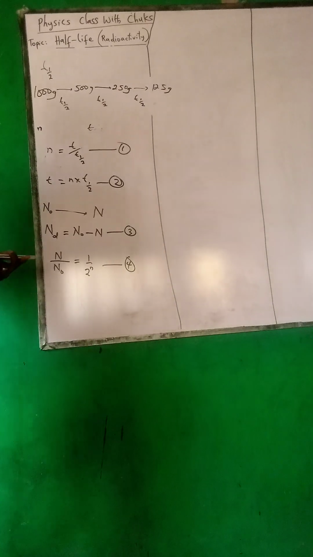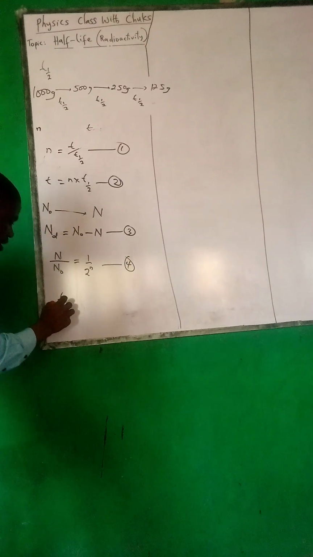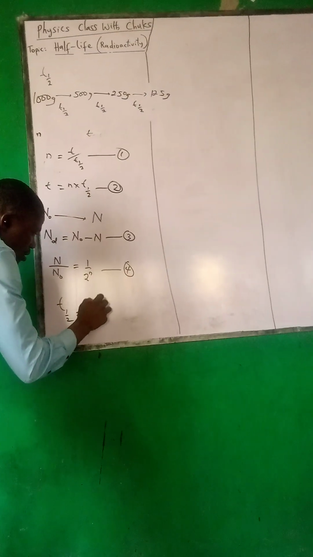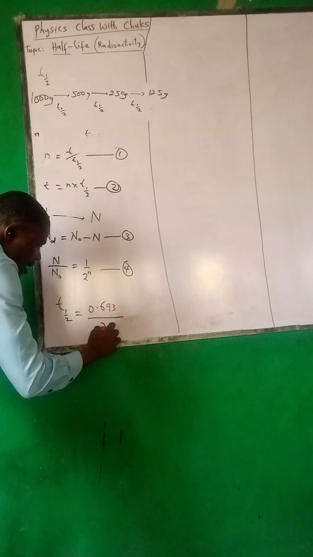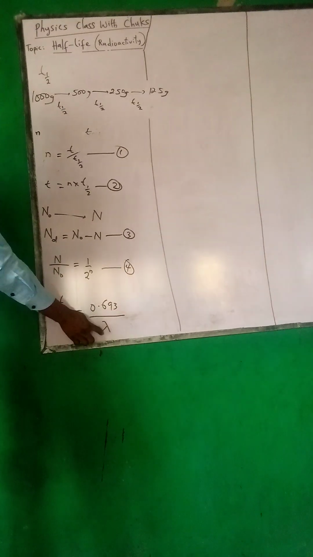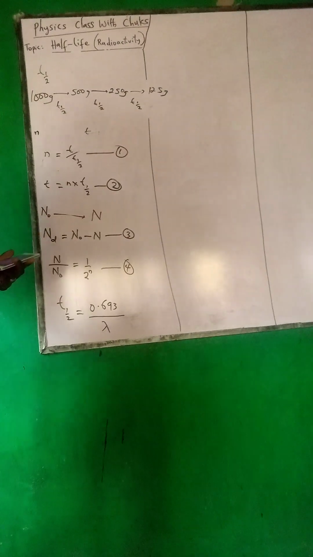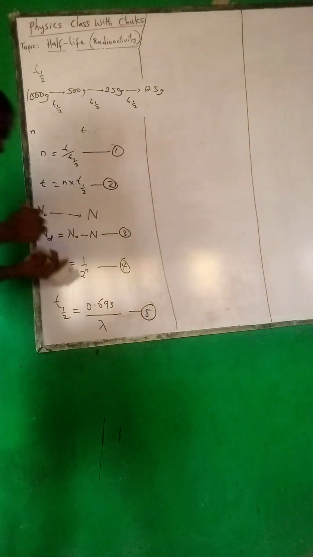So half-life in terms of decay constant is given as 0.693 all over decay constant. Decay constant is measured in per second. So this will be equation number 5.